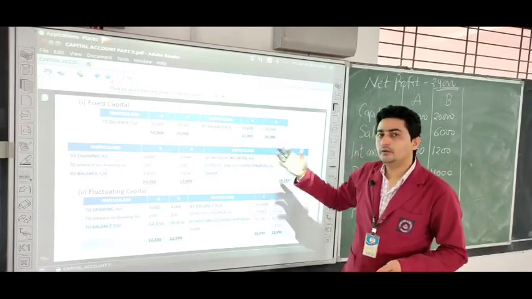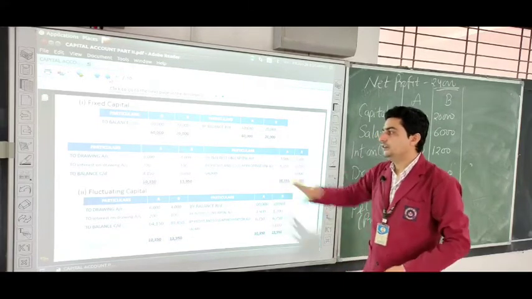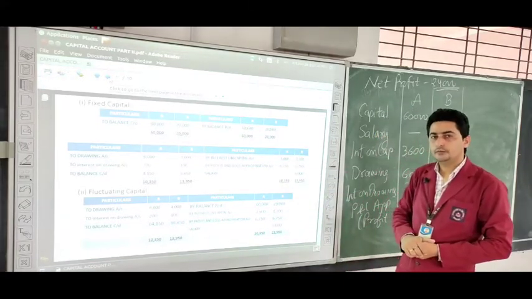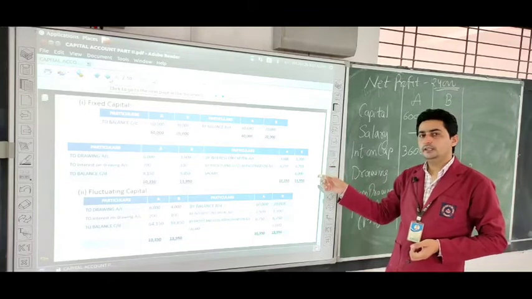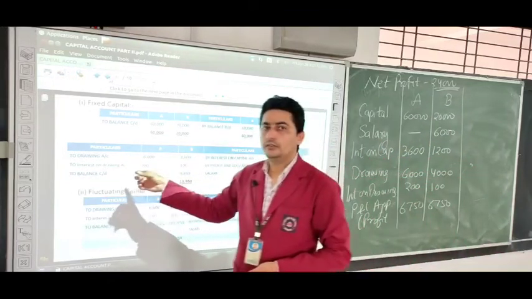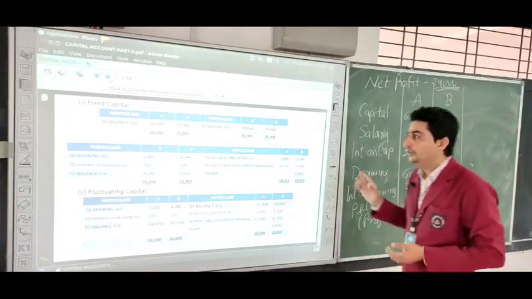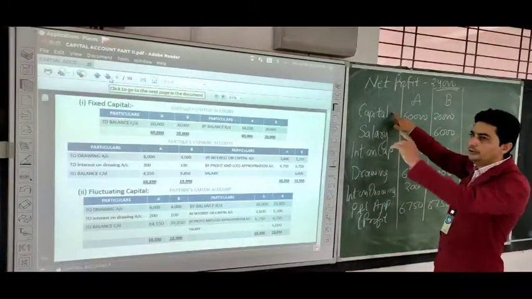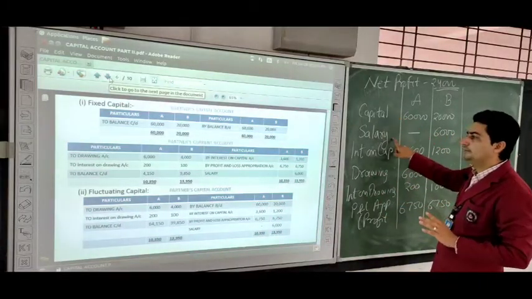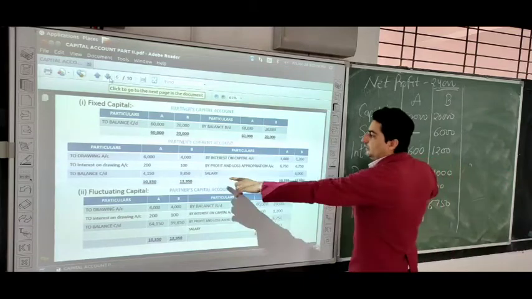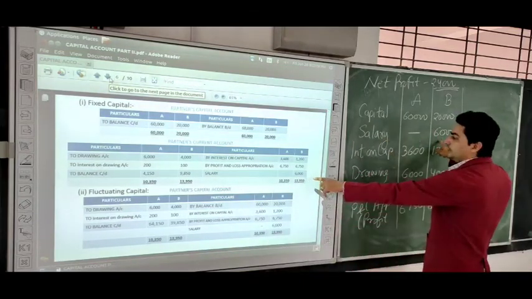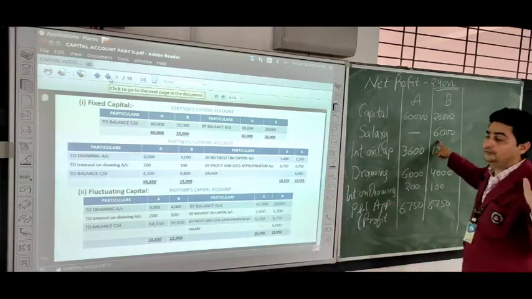Now what about the current account? All the things other than capital will come under the current account. Partners' profits will be credited, partners' losses will be debited. Now what are the profits? Capital we had already written in the capital account. Salary will be credited, only B is getting it, so we will write in B's column only.